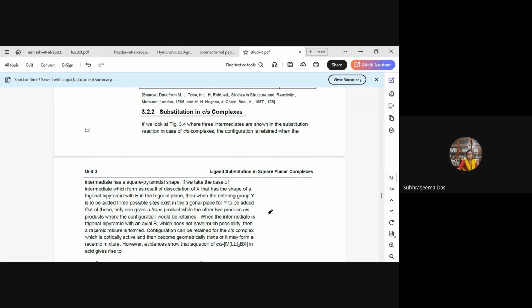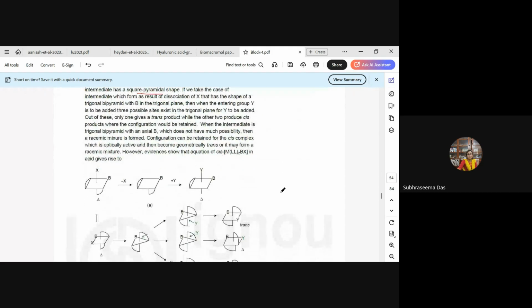The configuration is retained when the intermediate has a square pyramidal shape. If we take the intermediate which forms as a result of dissociation of X, which has the shape of a trigonal bipyramid, then the entering group is added to three possible sites. Of these three possible sites, one is a trans product and the other two are cis products. So two cis products and one trans product are obtained.